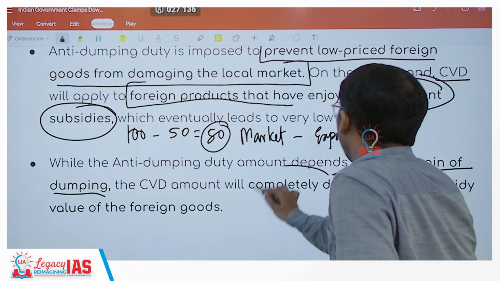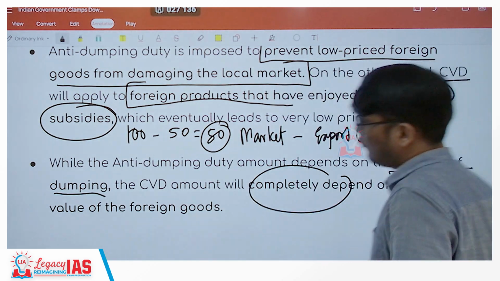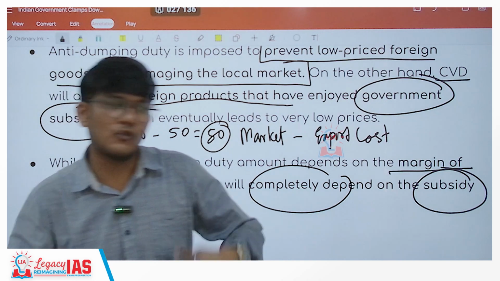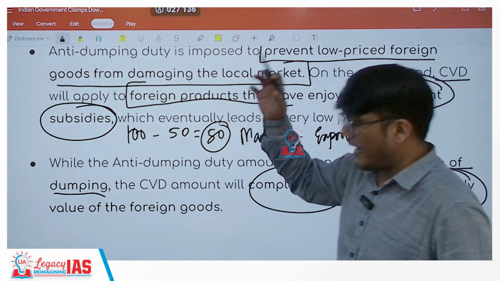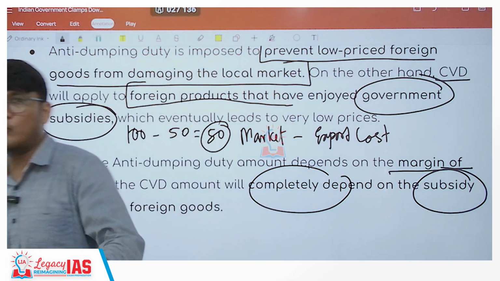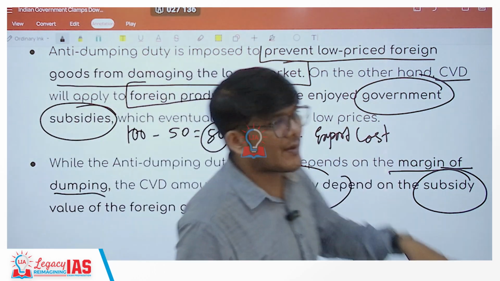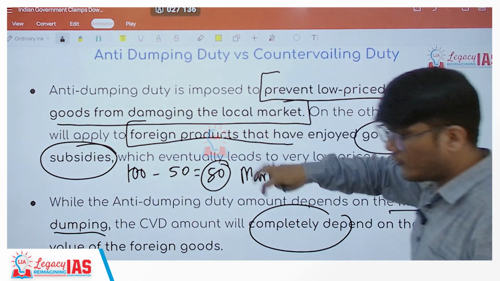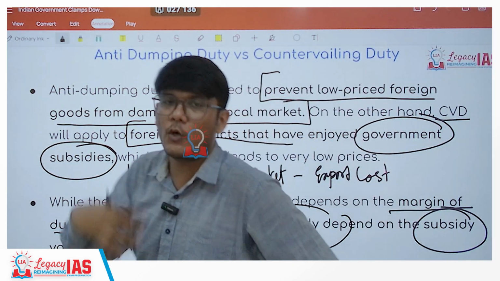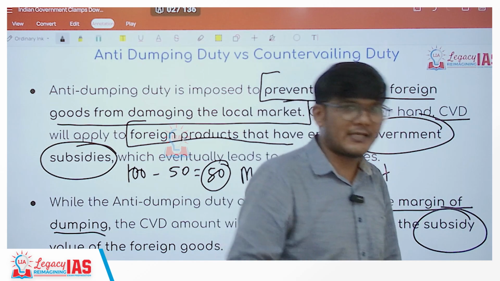CVD amount will completely depend on what? The subsidy. So if the subsidy was 100 rupees, you then impose a tariff of 100 rupees. So this is what anti-dumping duty and countervailing duties are. Specifically remember their points of distinction, because these would be the points on which the questions, especially for prelims, would be framed.